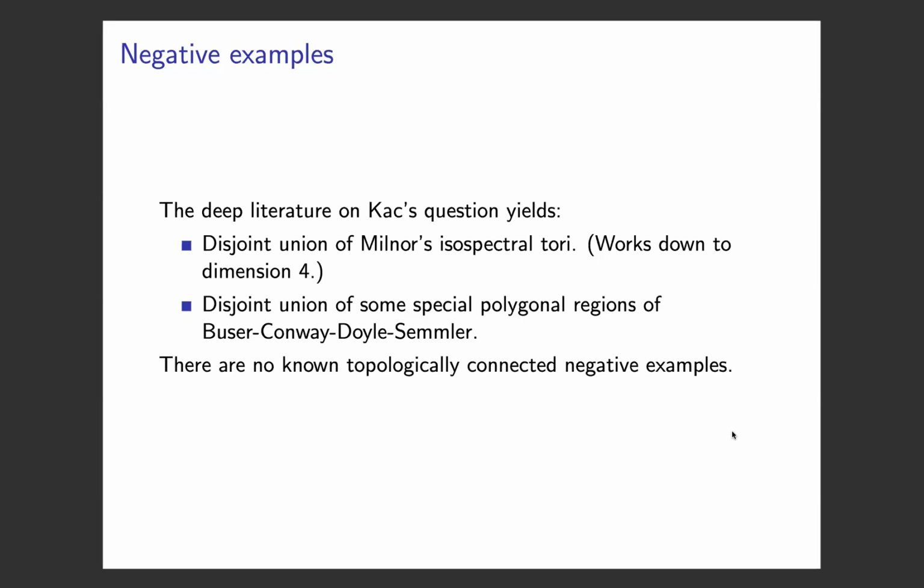So in other words, you can't hear the difference between those two things. So you can take a disjoint union of those as well. It is worth, I think, pointing out there are no known topologically connected negative examples. I'm still not brave enough to phrase that as a conjecture myself, but it's still intriguing. Perhaps there's a really high dimensional, topologically connected negative example.